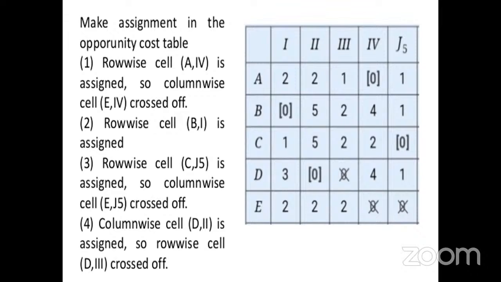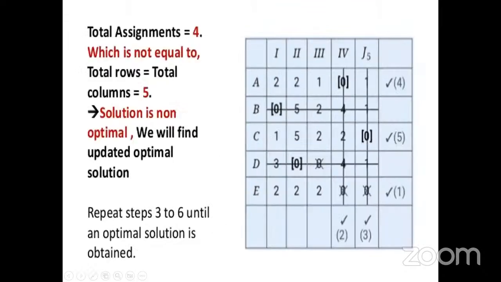What to do? Again, in this last row, we did not get any assignment, so make a tick mark. Again, in this row, we'll be having 2 zeros, so column wise, you need to make a tick mark for 2 columns, last 2 columns. And in these 2 columns, wherever the assignment is made, you need to make a tick mark.